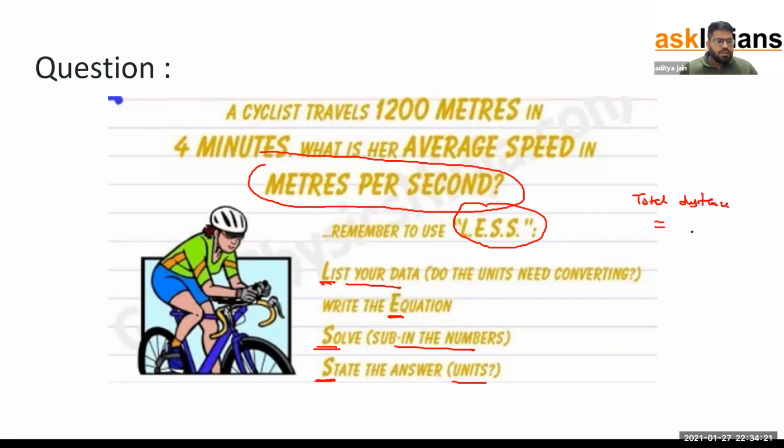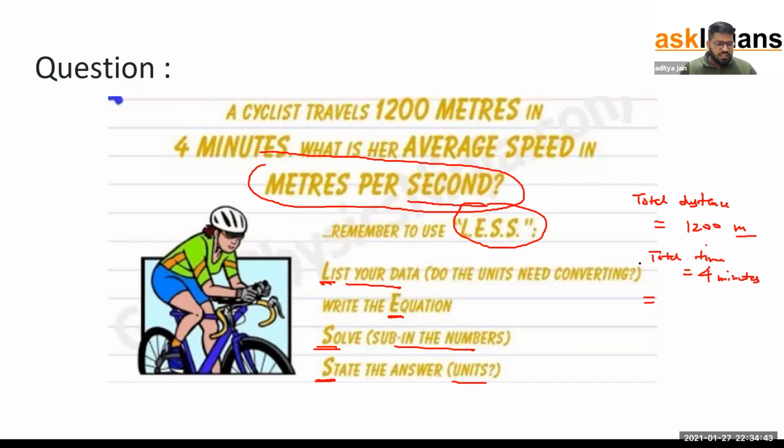Total distance is given as 1200 meters and the total time taken to cover that distance is given as 4 minutes. The unit of distance is in meters, that's okay, but the unit of time is in minutes, and we require the unit in seconds, meter per second. So first we have to convert.